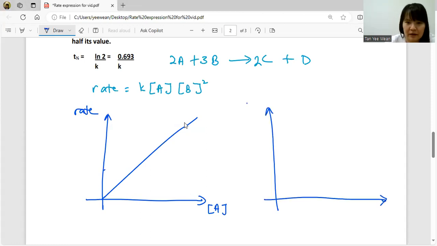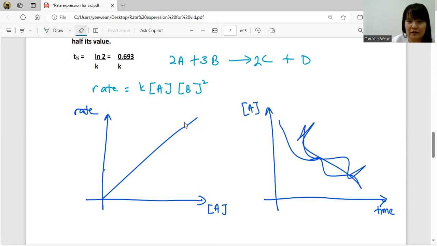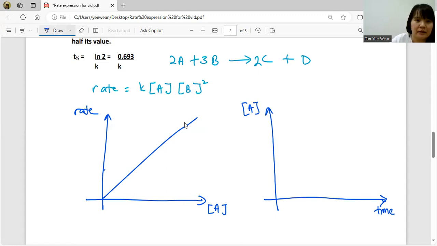And the same thing, if I plot the concentration of A versus time, you see that the rate increases, which means the steepness on this graph must change. It's not constant, not like the previous graph. Okay, so at high concentration of A, which is the right side, and the left side is close to zero, meaning lower concentration of A. At high concentration of A, my rate is high, so my gradient must be steep.